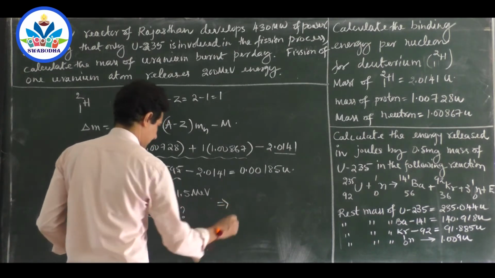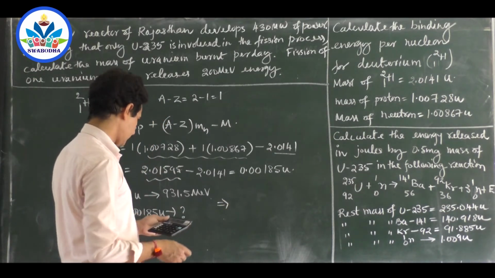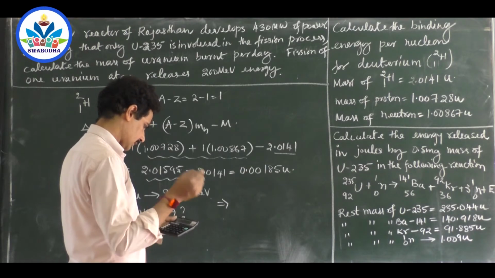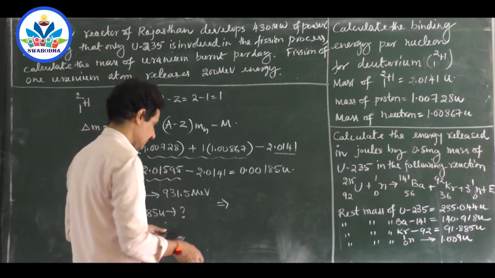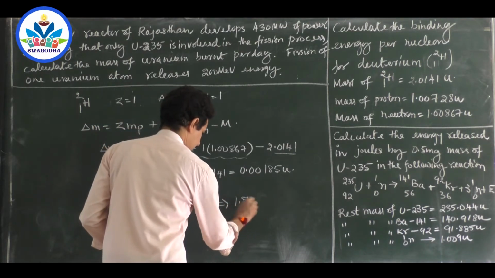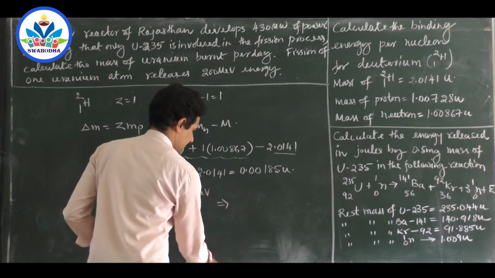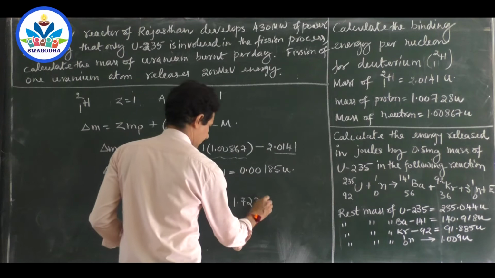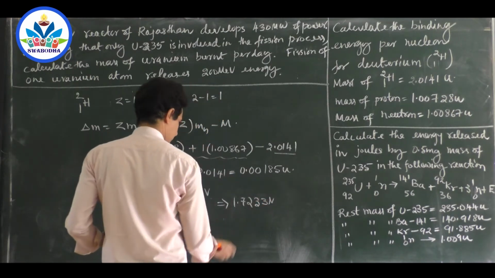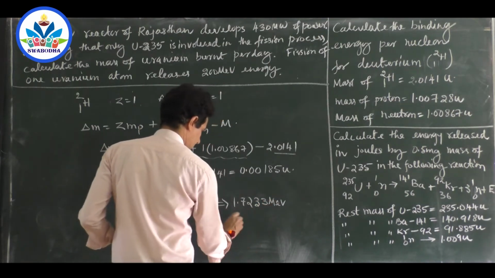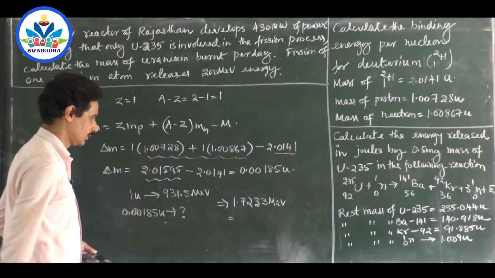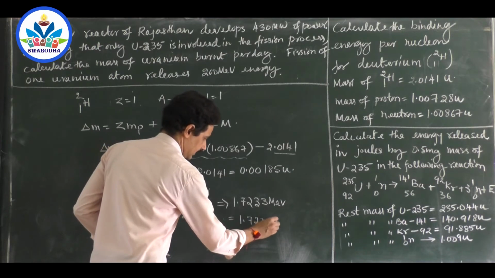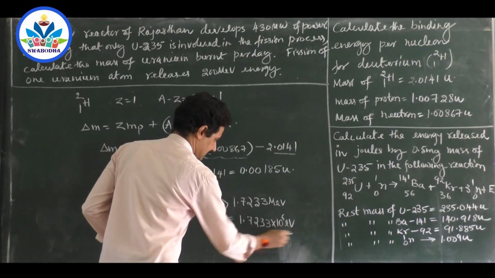So you can cross multiply it, just 0.00185 into 931.5 million electron volt, that is equal to 1.7233 million electron volt, that means into 10 to the power 6 electron volt, because this itself is million electron volt. So this is in electron volts.